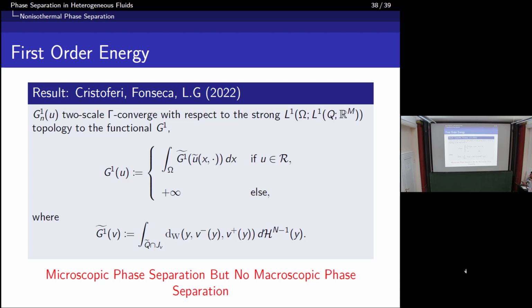You have to modify how you define your dW a little bit since we allowed for jumps, but the formula is complicated and not really that important to this. So what this shows is that in this case, you can have microscopic phase separation, but no macroscopic phase separation. And you see these microscopic interfaces.